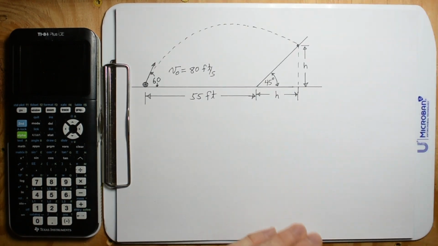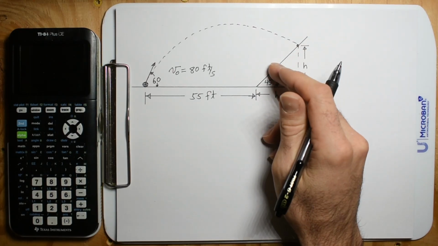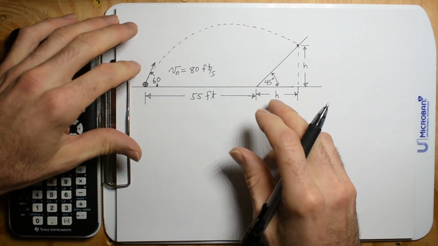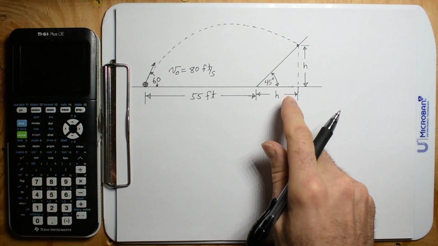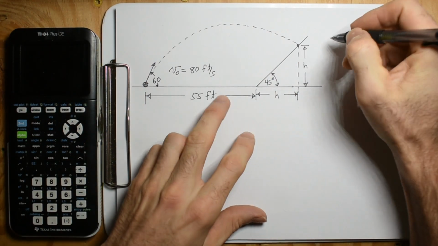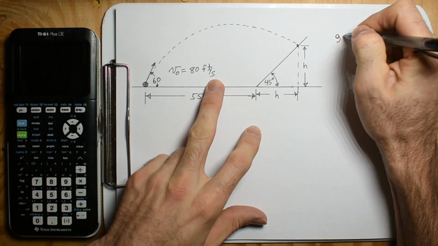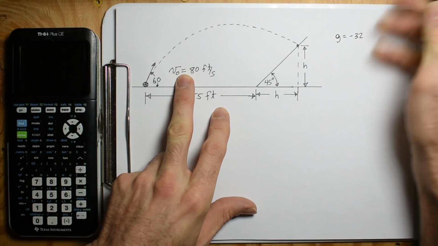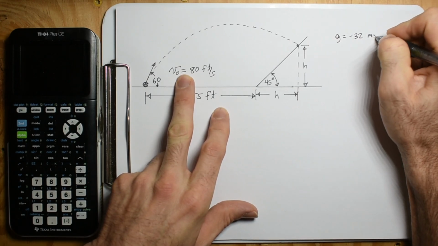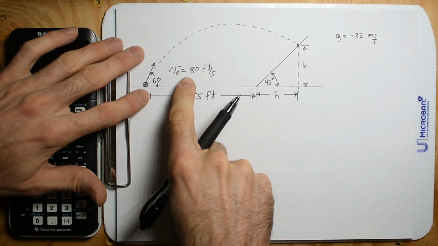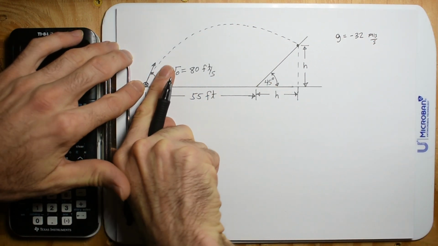So in this video, we'll see if we do the entire problem, but let's start with another way to guess the answer, and then we can really understand what's happening with the acceleration of gravity. I'm going to say the acceleration of gravity is negative 32 feet per second per second. I simplified it. Our velocity is 80 this way.